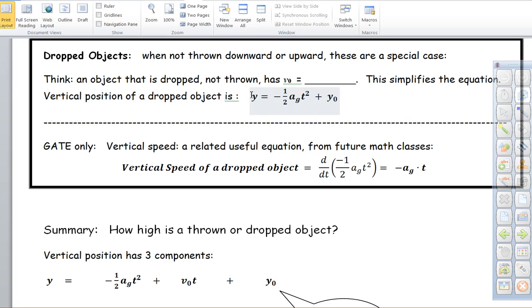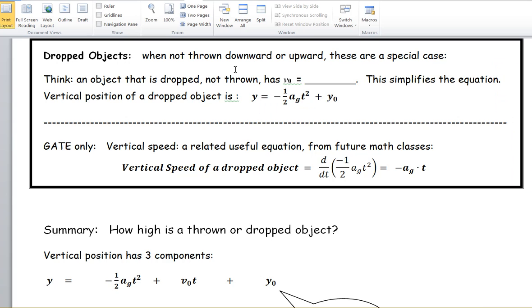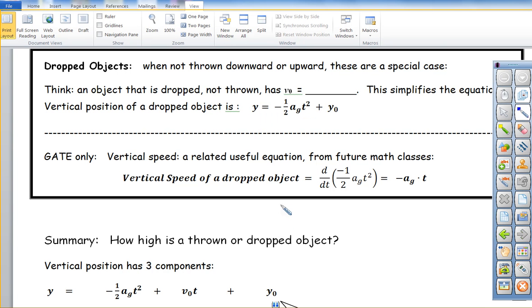There's another useful equation, and that has to do with just simply the vertical speed of the object. If you look at the acceleration due to gravity and multiply it by the time, you will get the vertical speed.